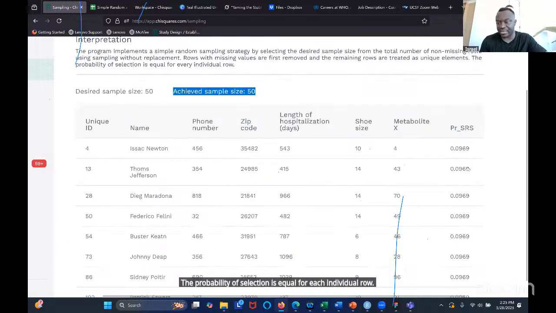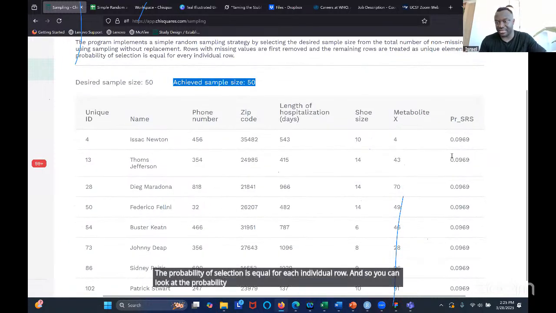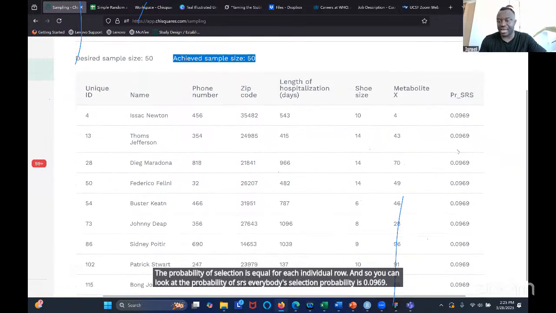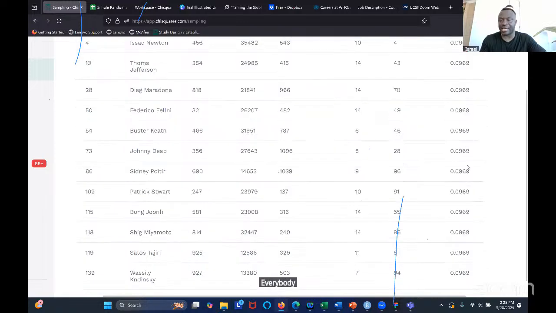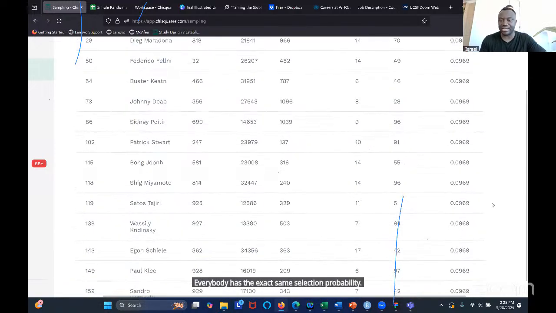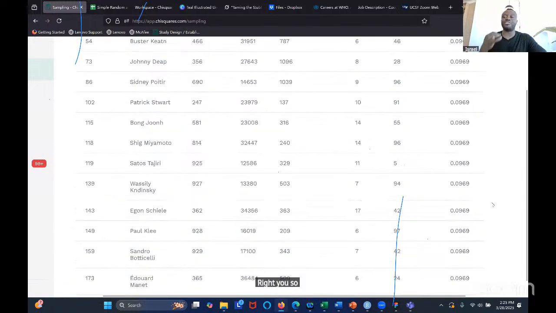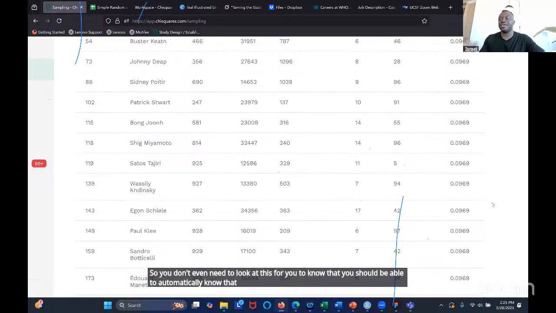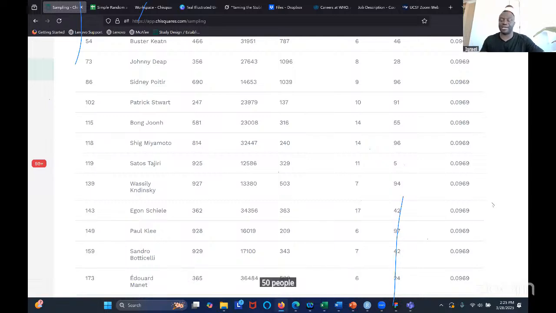And so you can look at the probability of SRS. Everybody's selection probability is 0.0969. Everybody has the exact same selection probability, right? So you don't even need to look at this to know that. You should be able to automatically know that, obviously, 50 people selected out of 513, 50 divided by 513 is this.